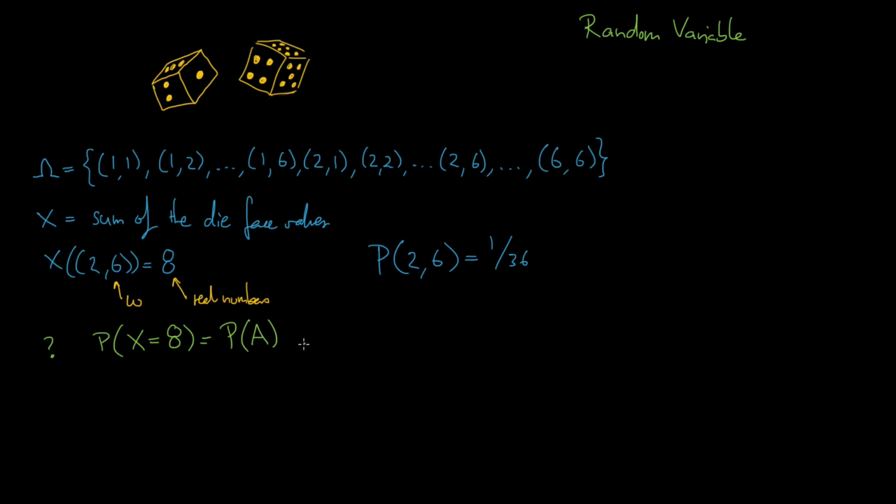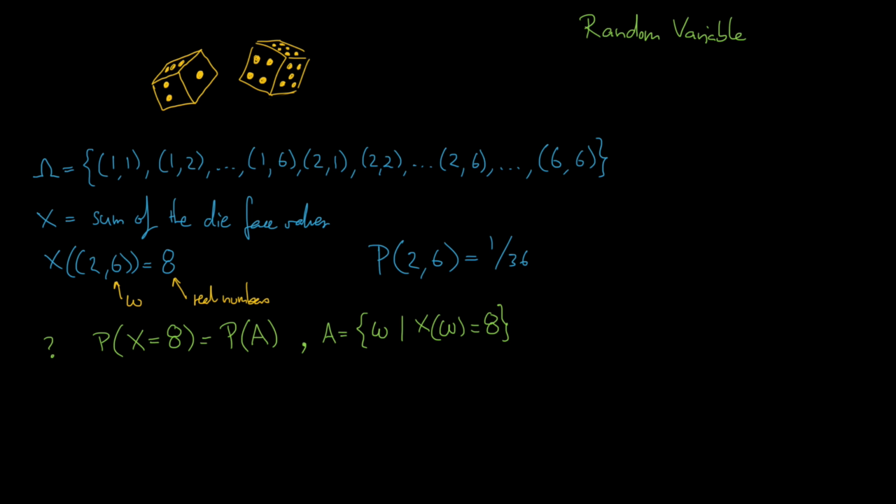And so we're going to define that event A as the set of all outcomes such that x of the outcome is equal to 8. We're going to collect together all the different experimental outcomes such that the sum of the die face values is equal to 8, collect them together in an event, and ask what is the probability of that event.